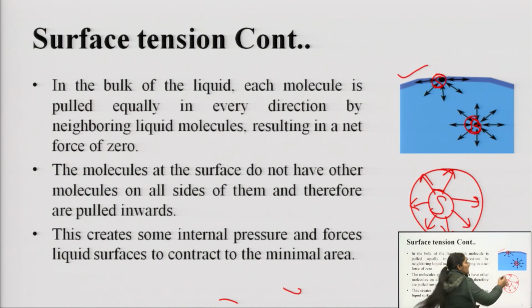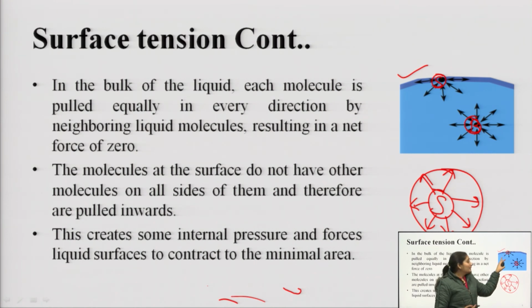Okay. And for surface tension, we are taking an example. In the bulk of the liquid, each molecule is pulled equally in every direction. So, the net force acting on a liquid molecule in the bulk will be 0, and the molecule that is present at the surface does not have other molecules on all sides of it.